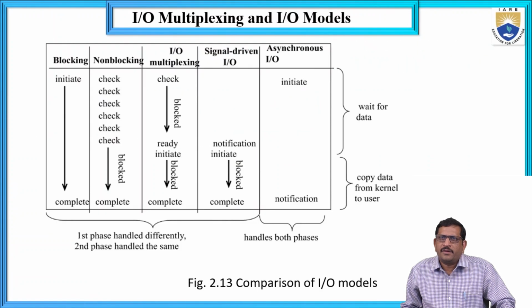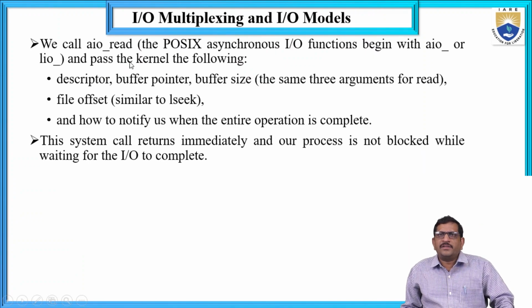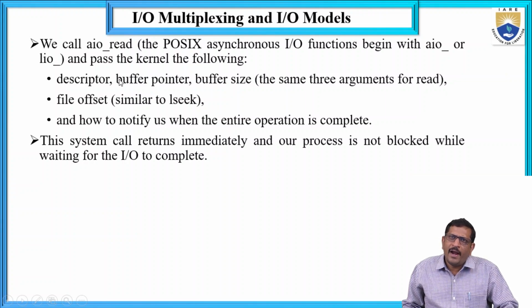Here we call aio_read, the asynchronous input output function, which begins with aio or lio in the library, and passes the kernel the file descriptor, buffer pointer, and buffer size.